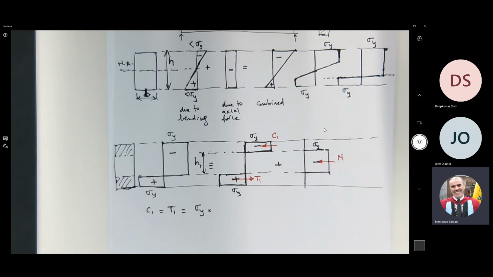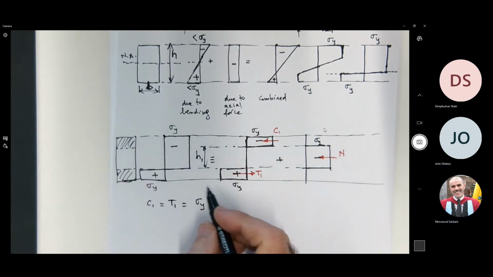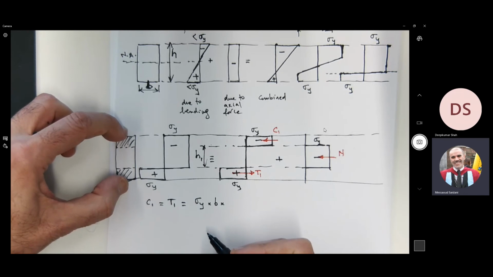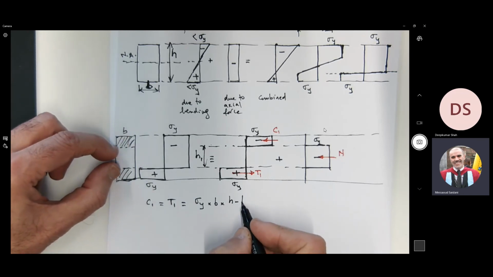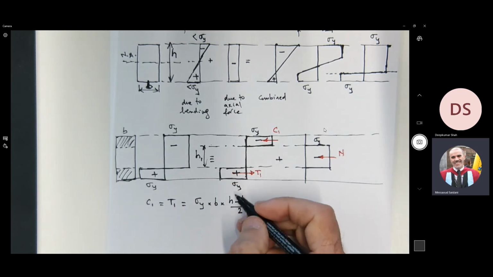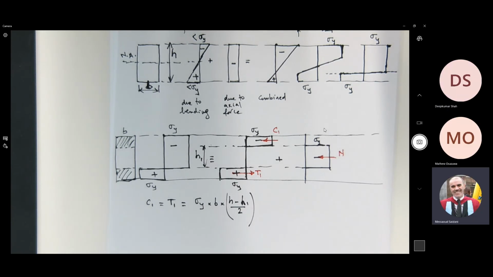So for C1, what is this area here? It's B times (H minus H1) over 2. You agree, everyone? Yeah, that's it. So C1 or T1 is equal to sigma y times the area, which is B times (H minus H1) over 2.